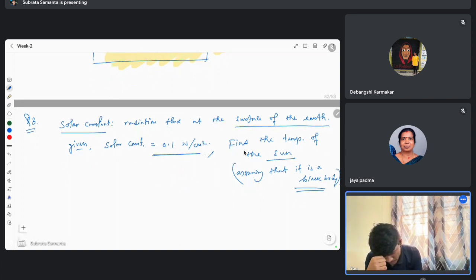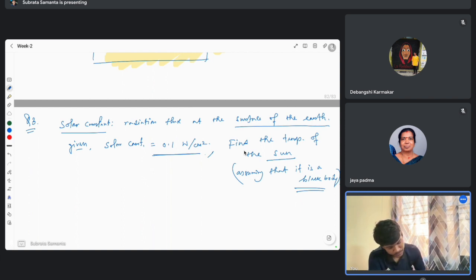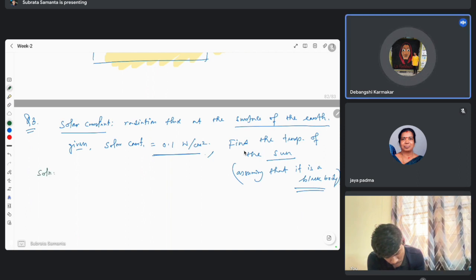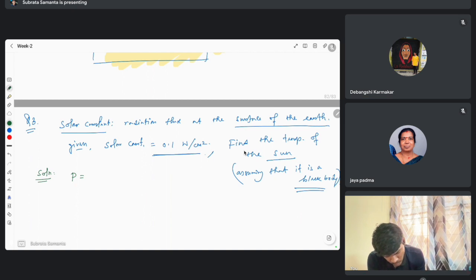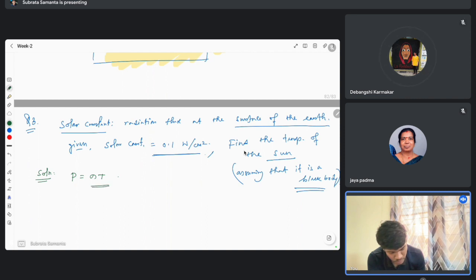So how to calculate? What is the power per unit area? Once we know sigma T to the power 4, right? Because we calculate the temperature, it's better to relate to the temperature directly.